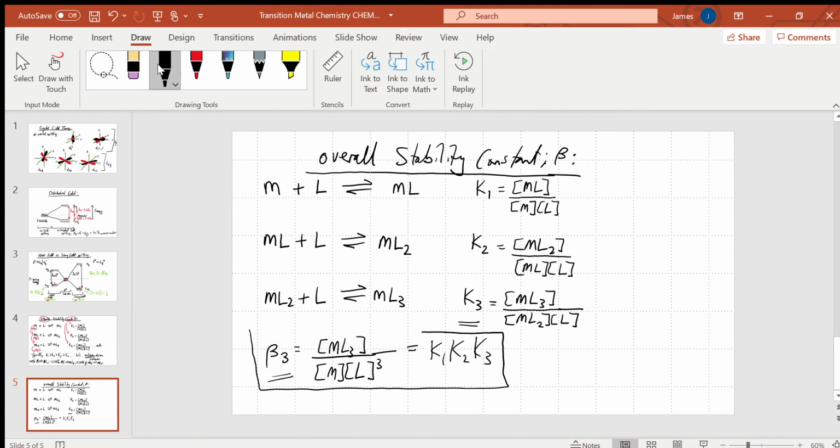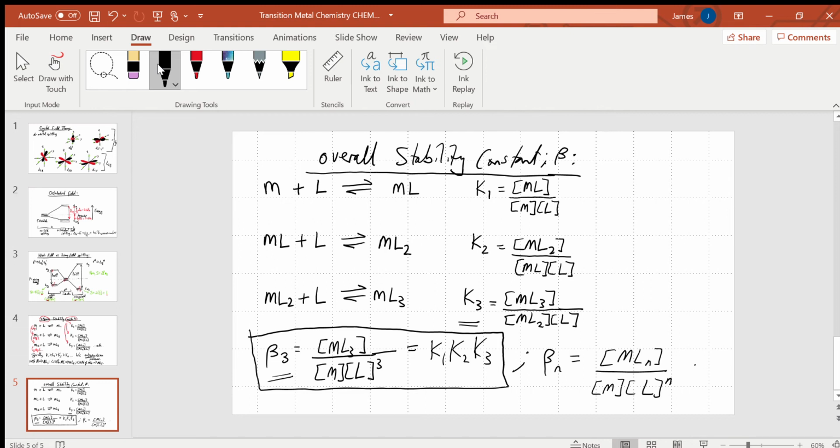So we've got a relationship between the overall stability constant and the stepwise stability constant, overall as a product of all the stepwise. So in general, beta n is going to be MLn over M L to the nth power.